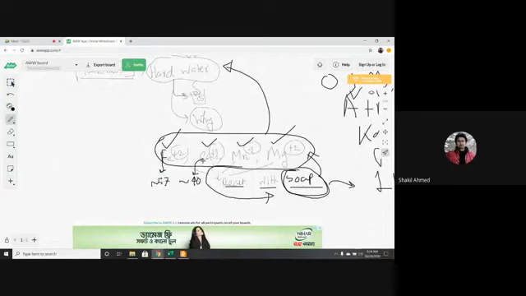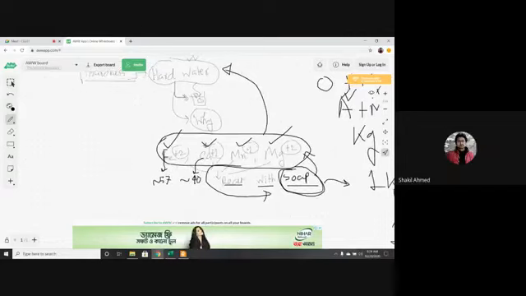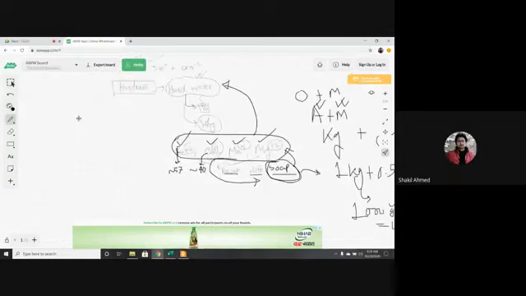Yes, sir. So there cannot be. So what we can do before summing them up to calculate the hardness is convert them into the same equivalent unit.